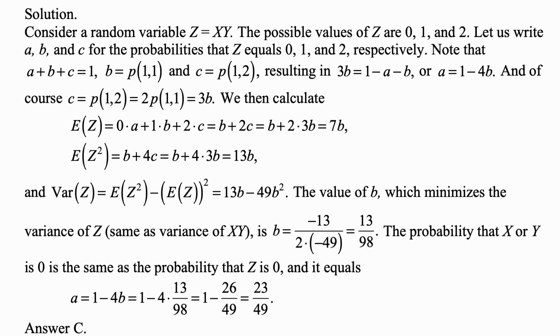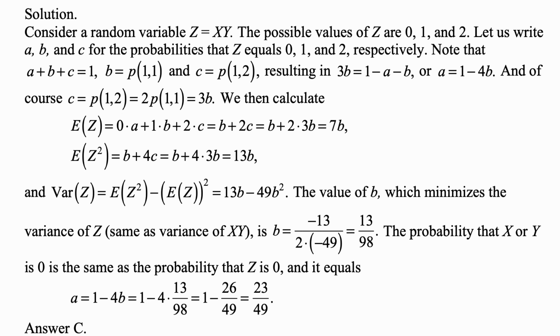That's 13 over 98. Now you could take the derivative of this variance with respect to b, establish when it's 0, and then take the second derivative to see that it's a maximum. But you know that it's a maximum because you can see that there's a negative coefficient in front of b squared.